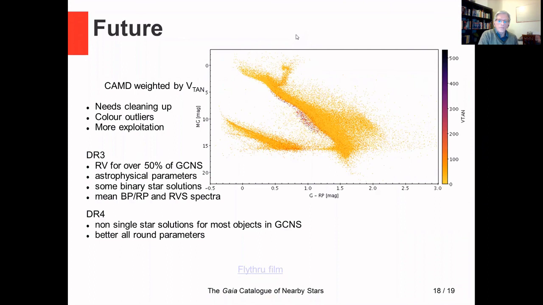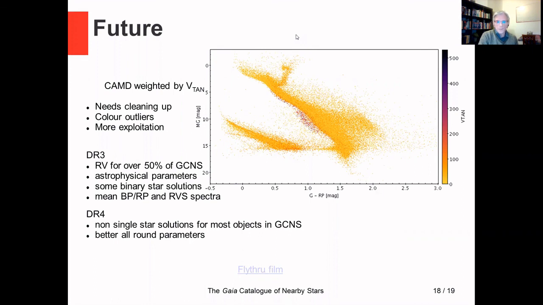Can we make an even better catalog of nearby stars with Gaia? The question arises if, for example, you take a look at the color magnitude diagram depicted here and understand that some areas of this diagram are populated by most likely outlier or spurious objects that should not be in these regions of the diagram.